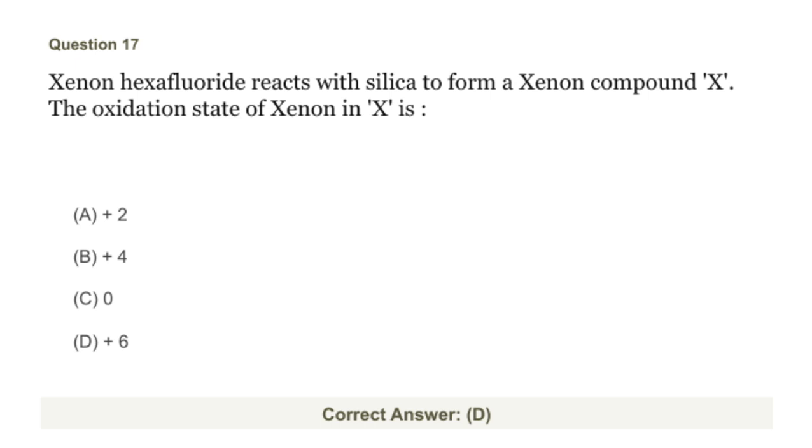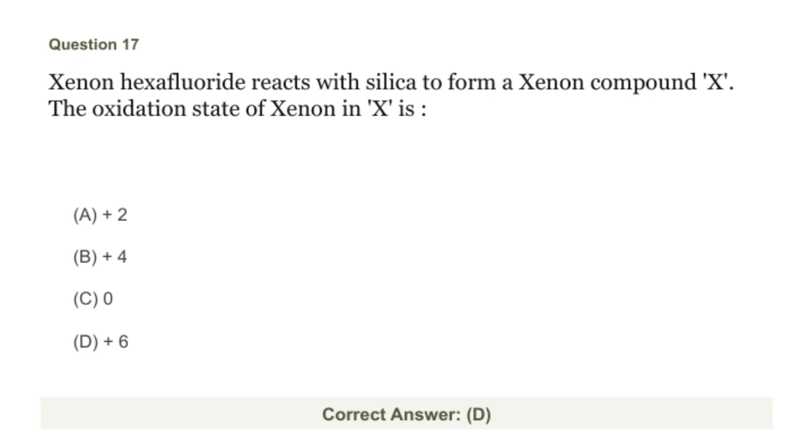Fluorine almost always has an oxidation state of -1, and since xenon hexafluoride is involved, xenon initially has an oxidation state of +6. When xenon reacts with silica, it forms a new compound, but the oxidation state of xenon in this compound remains at +6, which is characteristic of xenon in such highly oxidized states.